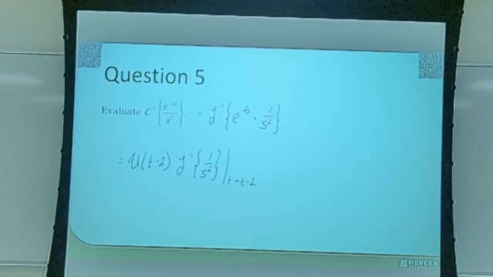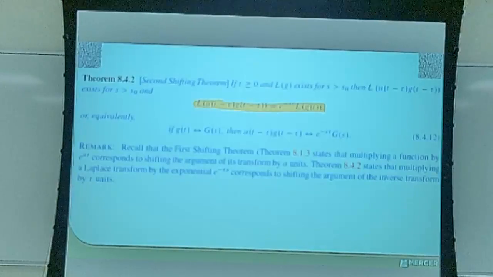And if we go back up to this second shifting theorem and see what it says: the transform of step function t minus tau times g of t minus tau is e to the negative s tau times just the transform of g of t. And remember, I said all these theorems come in 2 parts, the transform and then its inverse transform, so you have to read that backwards.